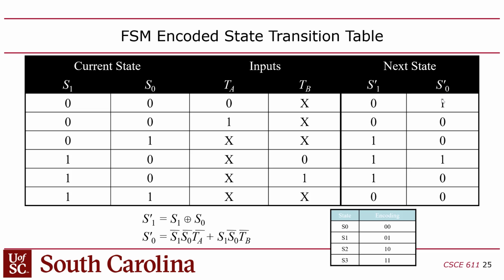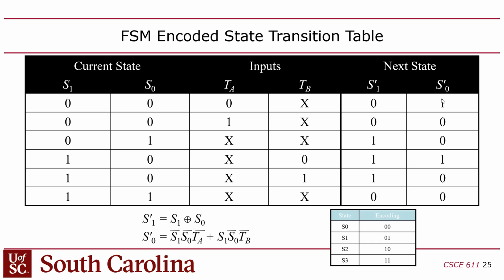And then I can just convert this into Boolean logic using the methods that you guys learned in 211. In this case, for the next S1, I'm splitting both bits of the state out separately because you can only calculate 1 bit at a time. So S1 prime, the next S1 bit, is just going to be the current S1 XOR the current S0, right?